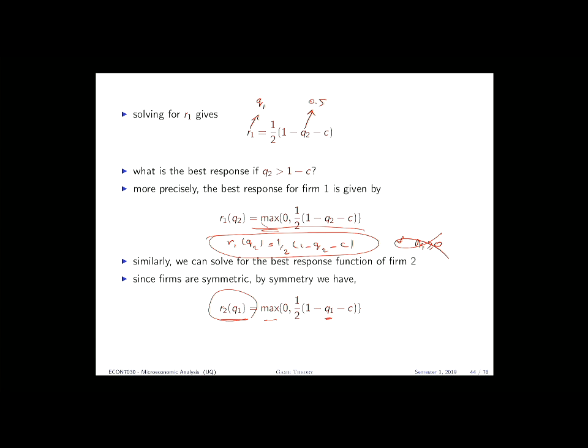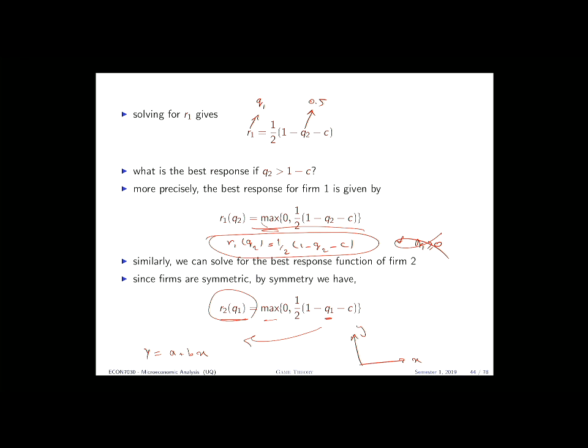When Q1 is on the vertical axis, then this Q has to come to the left if you want to draw it. If you're an expert, you can draw it in the reverse way as well, but usually the way it works is that you draw a function y equal to a plus bx, and this is x, and this is y. Okay? Here in our example, y is Q1 and x is Q2.